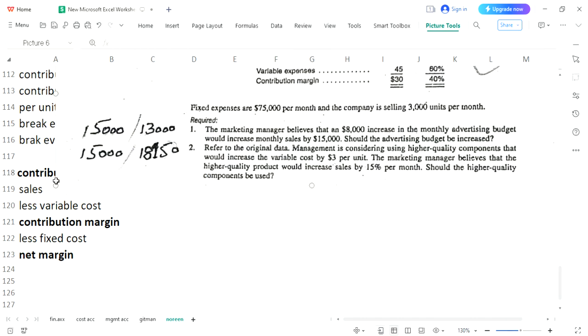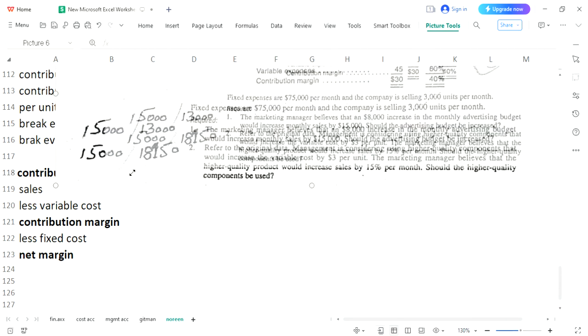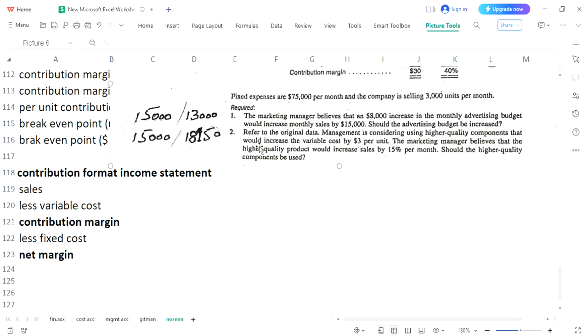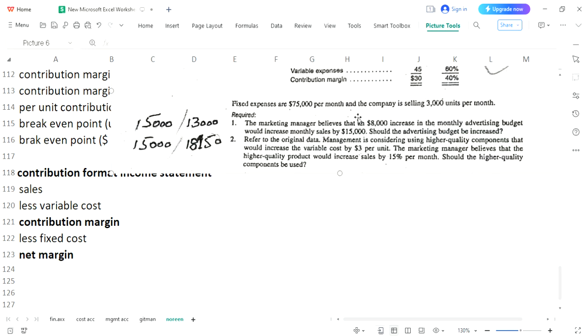Actually both factors are not visible at the same time, so we'll have to adjust it. Read your sale price over here, fixed expenses are 75,000 per month. So here are your fixed expenses, and you are going to write fixed expenses as 75,000 over here.